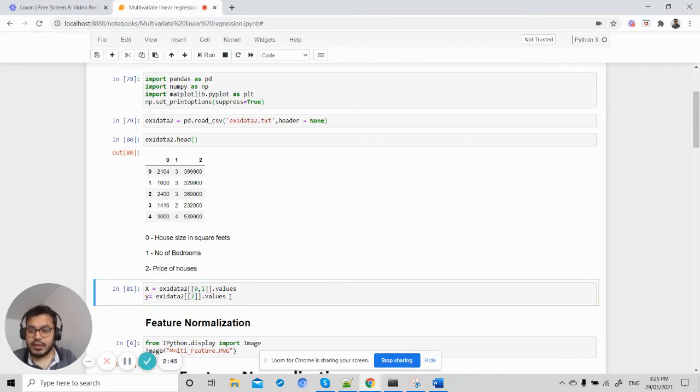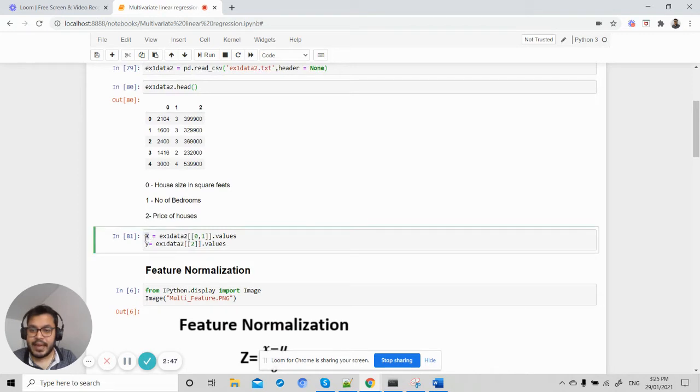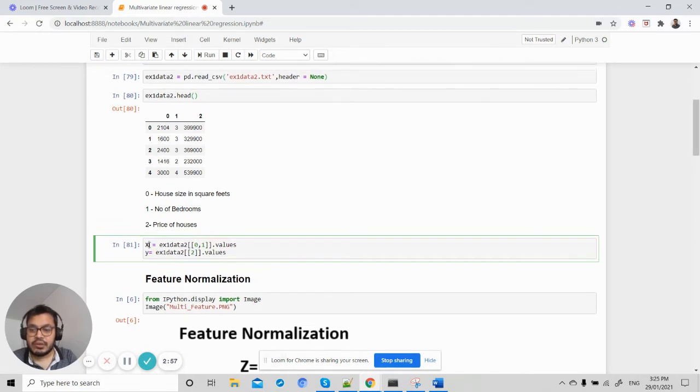Here we see capital X and small y, because capital X is used when we have more than one feature, so that it shows we have multiple features, and y will always be our output, so we write it in small letter because the output will always be one. In our case the output is the price of houses, so we write small y and capital X. Hope that makes sense.